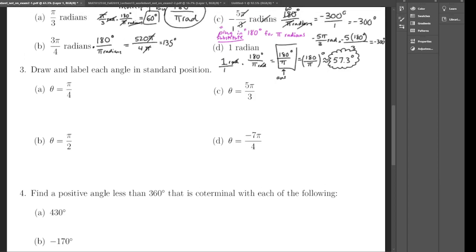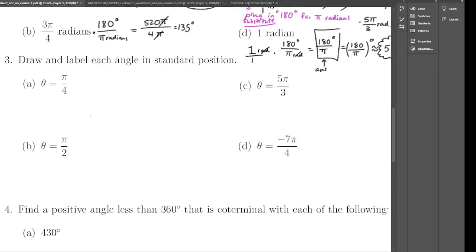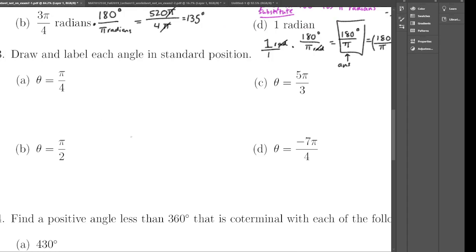Now here, we're talking about angles in standard position. We've already discussed what an angle in standard position is, right? Standard position just means its end point is at the origin, and the initial side points right along the x-axis.